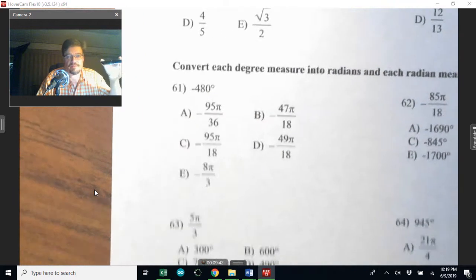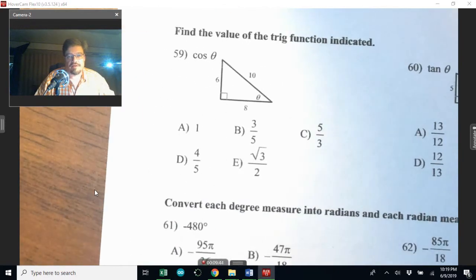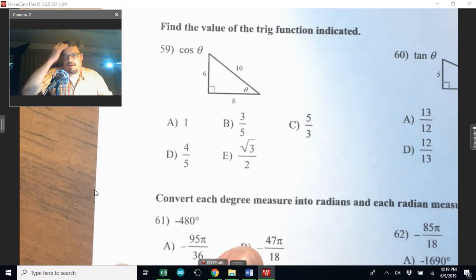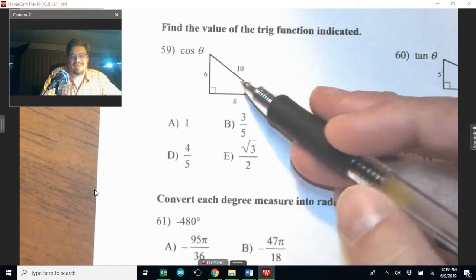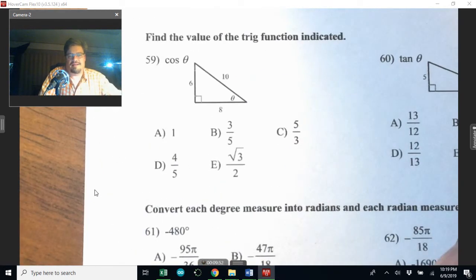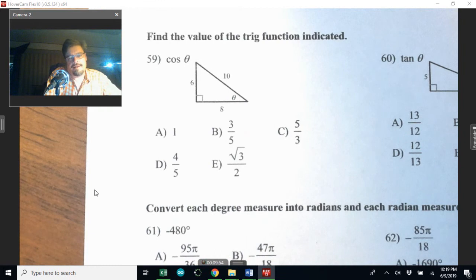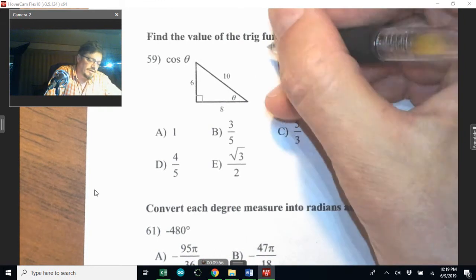Now we're just supposed to find the value of the trig function. Now the cosine here, it looks like they gave us all 3 sides. Oh man, this is kind of easy. We already talked about it.